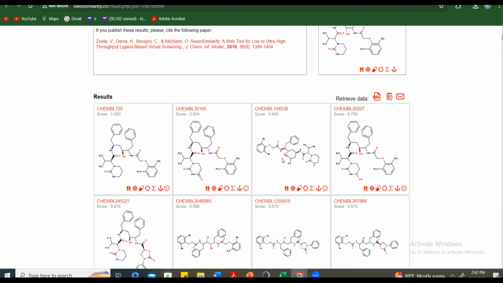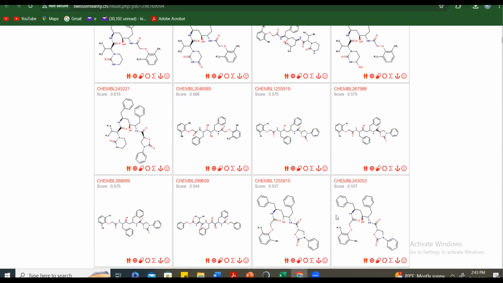If you go to this next one, can you see this next one? It's 84% similar to lopinavir. You can see there are a lot of differences. And that's how it goes. It is 48%, 79%, 61%, 58%, 75%, like that.